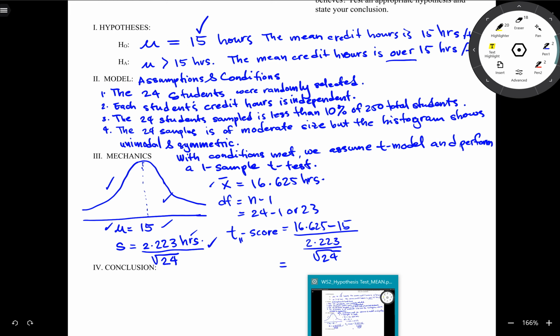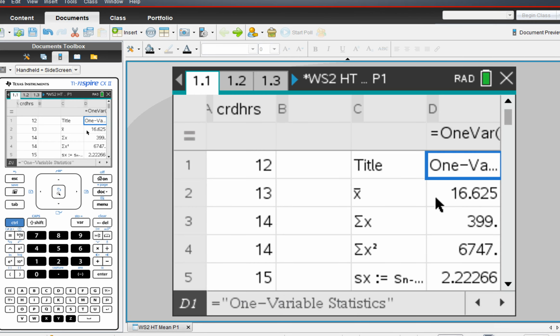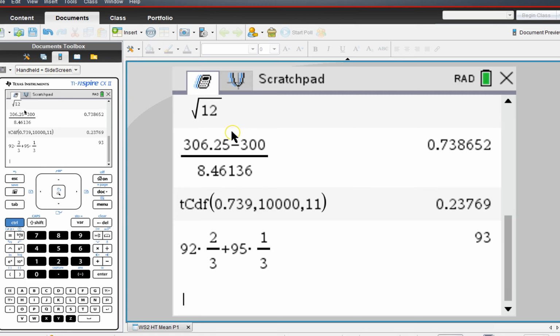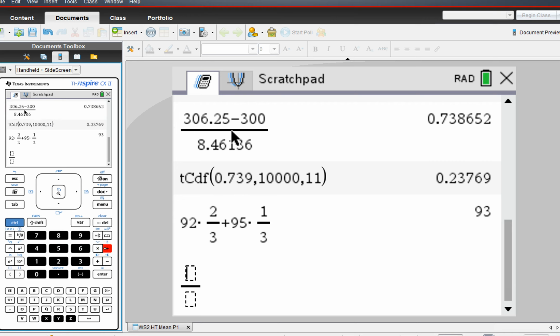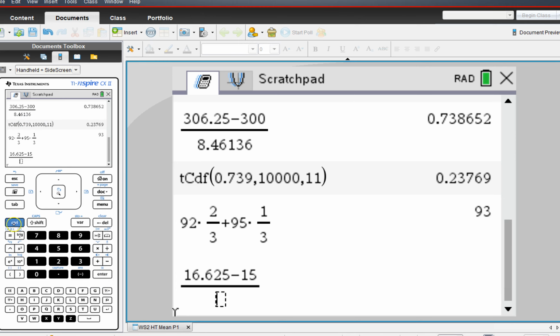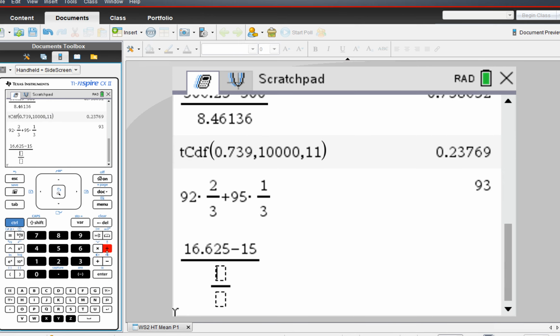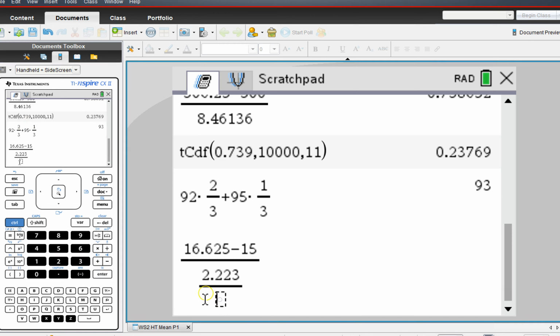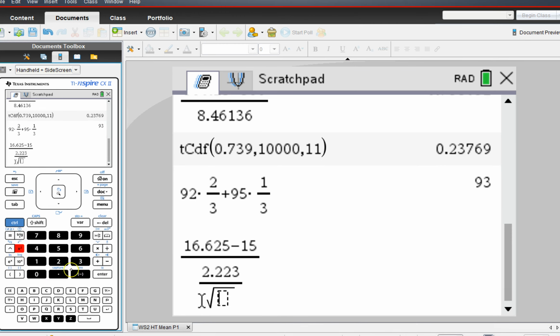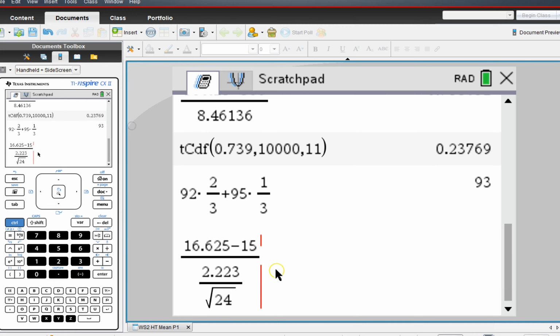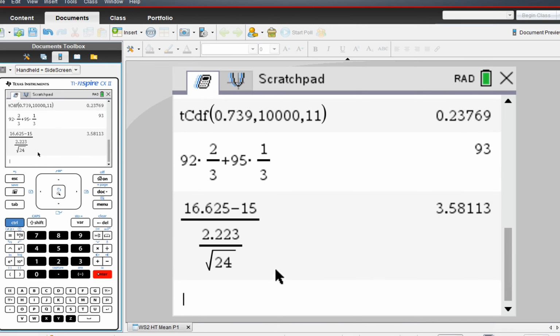We use the calculator: calculate, compute next, and then 16.625 minus 15 divided by 2.223 divided by the square root of 24. Okay, so our t-score is 3.581.